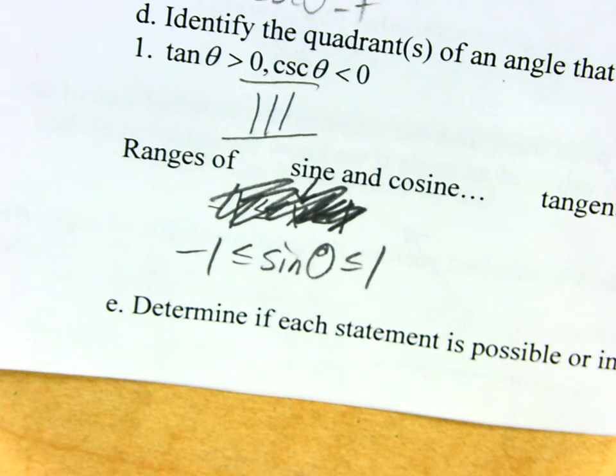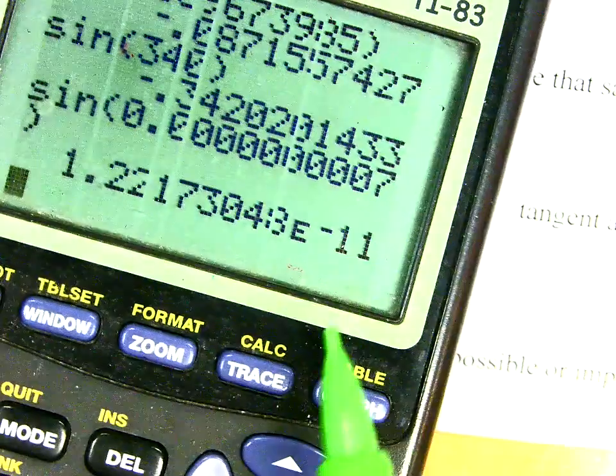I put like 8 zeros and a 7 and I got 1.22. Oh my gosh. And it's sine? And you're in the right mode? Tell me again. 0 point, and then 8 zeros? And then a 7. Oh, do you have an E at the end?